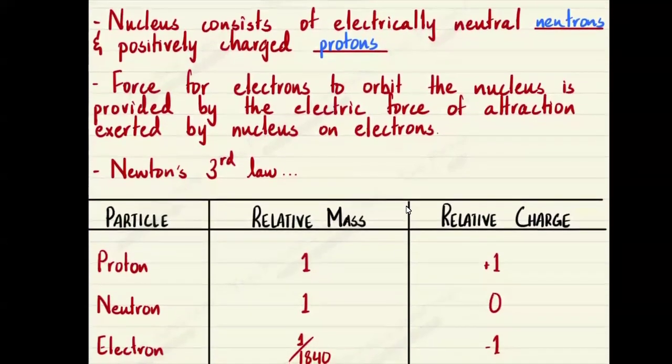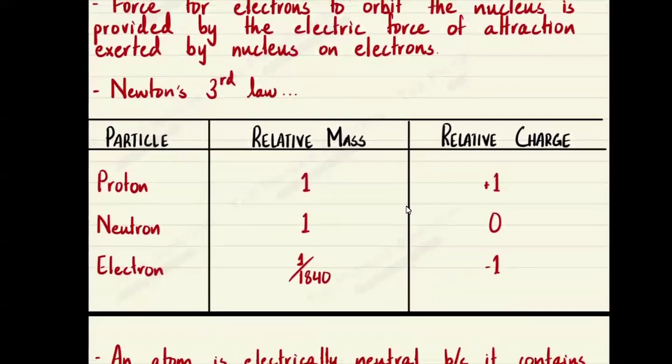Alright, then this table is again something that you've seen with me in static electricity. So for the particles, the relative masses, the relative charges, so protons and electrons have equal charges, only that proton has a positive charge, electrons have a negative charge.